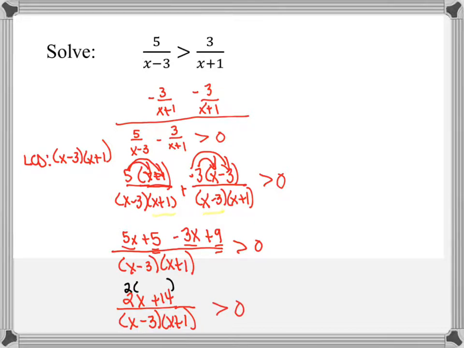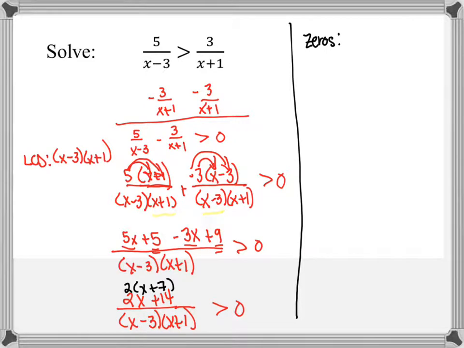I'm going to factor my numerator. I'm going to factor out a greatest common factor of 2, and in the parentheses, we'll have x plus 7. That didn't help, but I did want to check to make sure that nothing would cancel out or simplify, and it doesn't. So I will find my zeros by setting my numerator equal to 0.